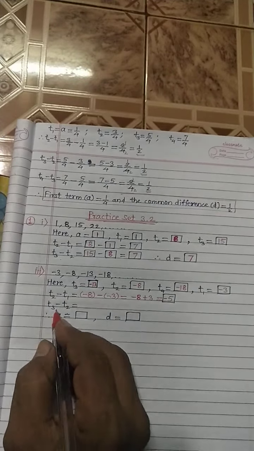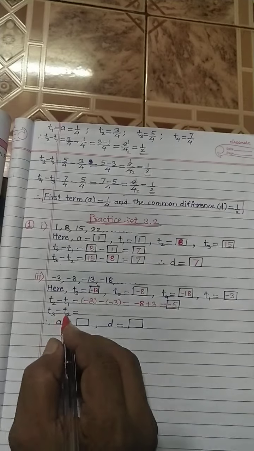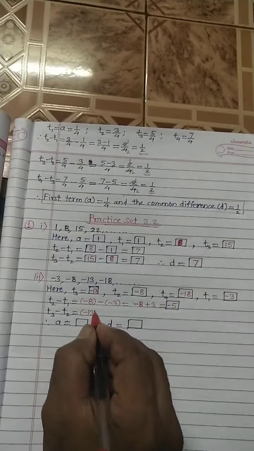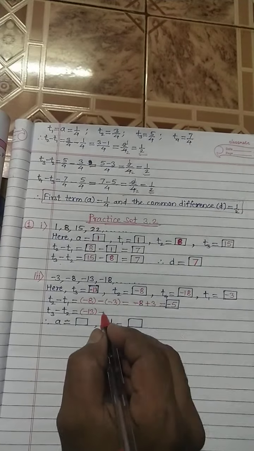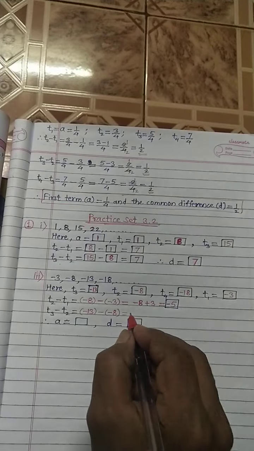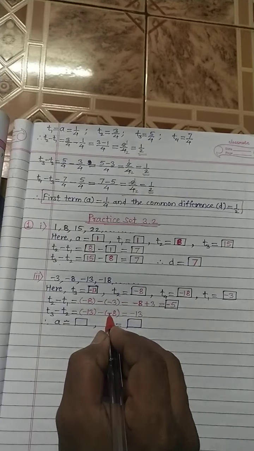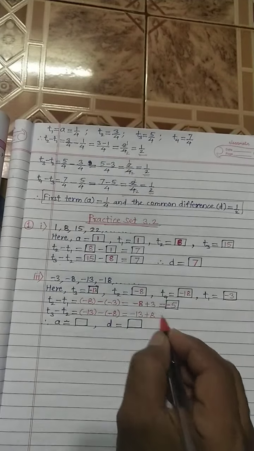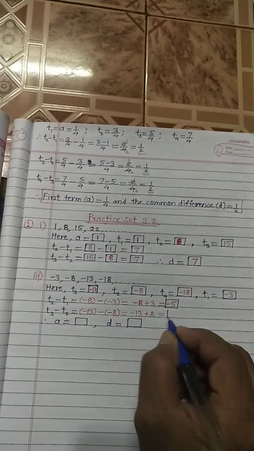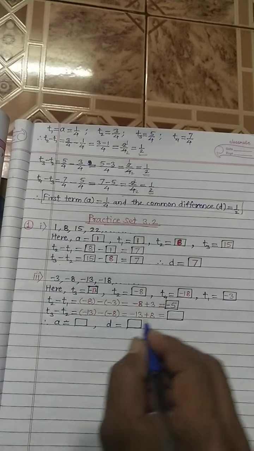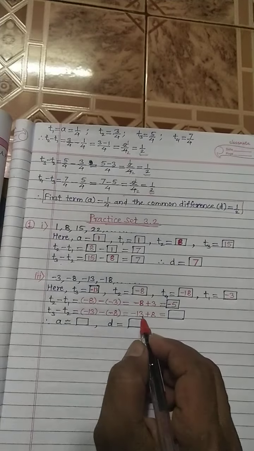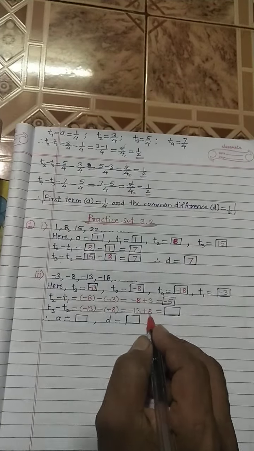Now next, T3 minus T2. T3 is minus 13, minus T2, which is minus 8, so minus 13 plus 8.